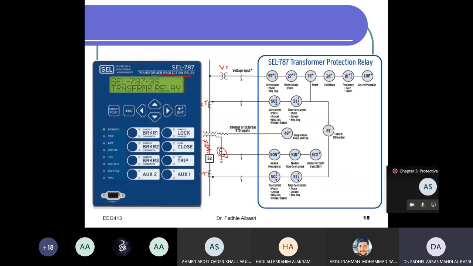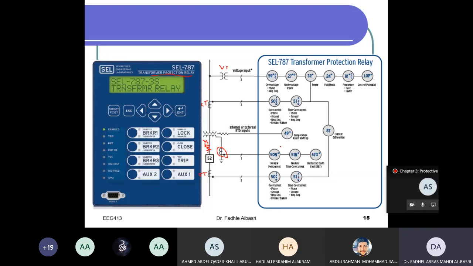I might not use this as input. However, this relay can be built to have all of these functions. If you don't have a VT as input, you disable all the functions that require a voltage as input. However, I can still activate the differential and the overcurrent.